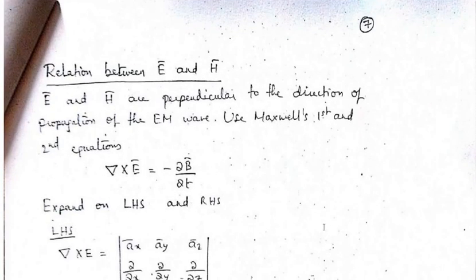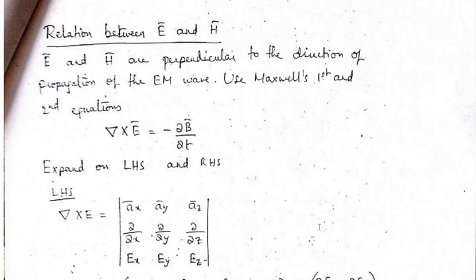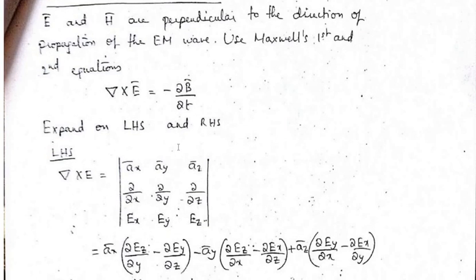Next we have the relationship between the electric field intensity and the magnetic field intensity. We know that E and H are perpendicular to the direction of propagation of the electromagnetic wave. Here also we use Maxwell's first and second equations, expand on both sides as we have done in the previous derivations.